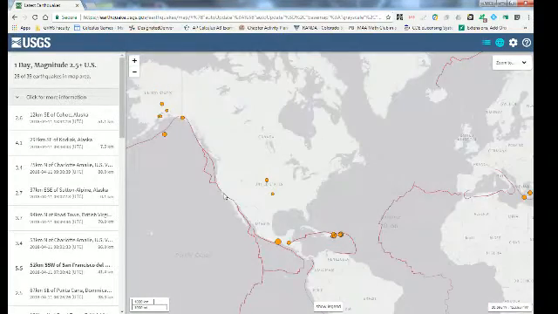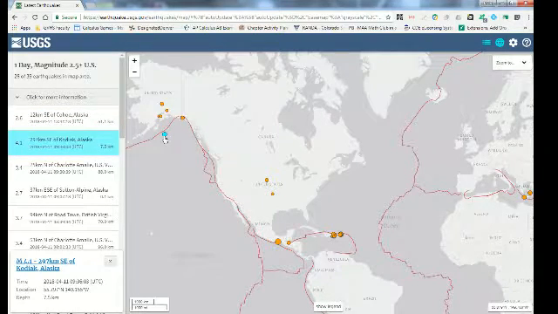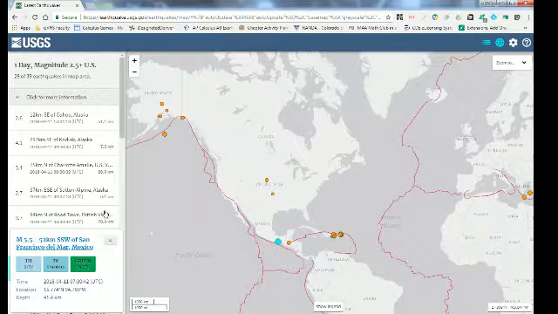There's the U.S. Okay, so at 1341 Universal Time, I don't know what time that is here. See how it shows you the little dot? That big dot is going to be a bigger earthquake. There's a bigger dot, it's a bigger earthquake. Where's the biggest one?